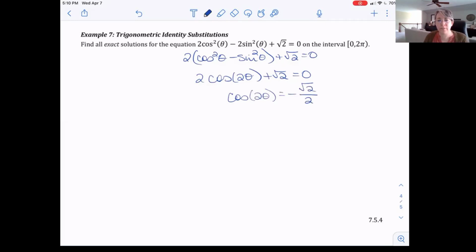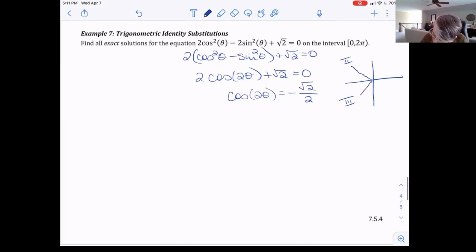Remember, cosine is your x values, so it is only negative in quadrant 2 and quadrant 3. And it equals the negative square root of 2 over 2 at those multiples of 45 degrees. So that would be at 3 pi over 4 and at 5 pi over 4.